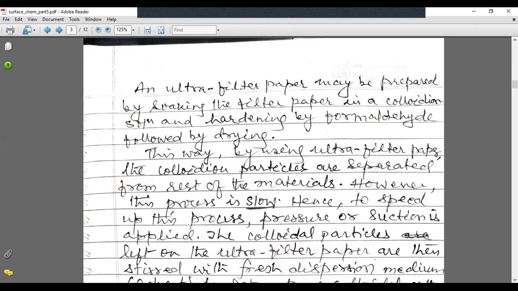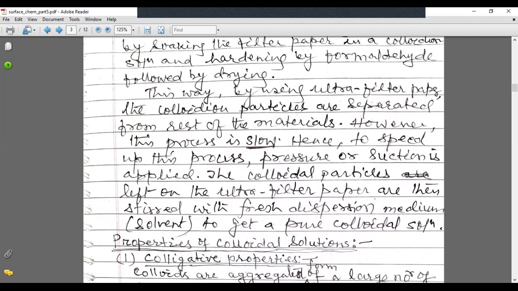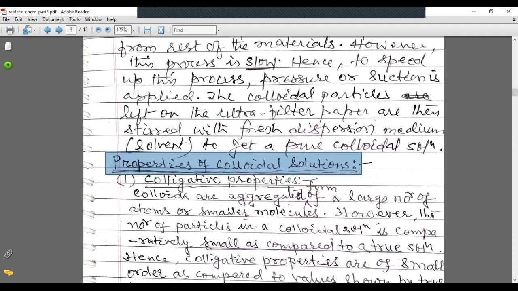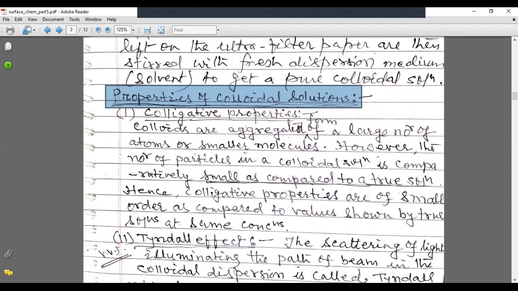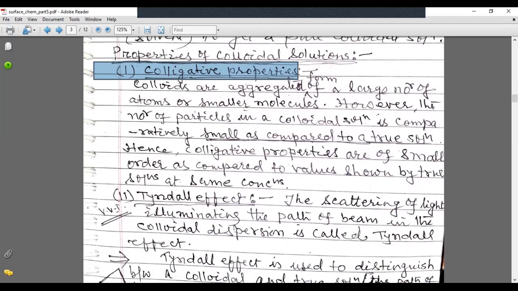Now the next topic is properties of colloidal solutions. Number one is colligative properties. Colloids are aggregates, formed of a large number of atoms or smaller molecules.